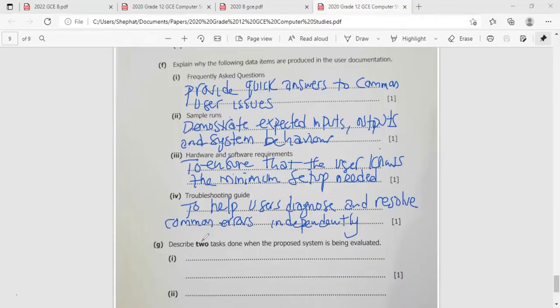Describe two tasks done when the proposed system is being evaluated. So during evaluation, you are testing the functionality against user requirements to verify the objectives. So you compare system performance against objectives.